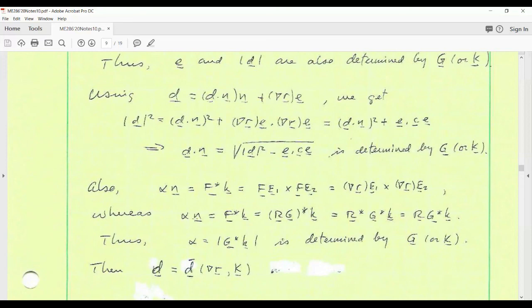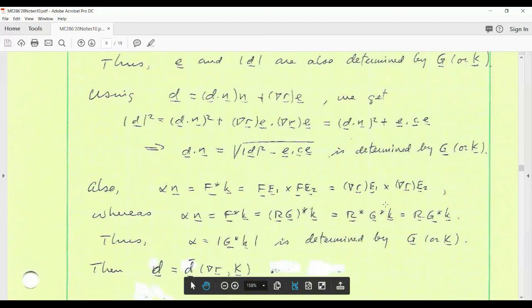Alpha itself, on the other hand, because F star is RG, all star, and the cofactor of a product is the product of the cofactors in the same order, and R is a rotation, so it's equal to its own cofactor. You get this. Take the norm of that. The norm is insensitive to the rotation. You just get this. Alpha is determined by the plastic deformation.